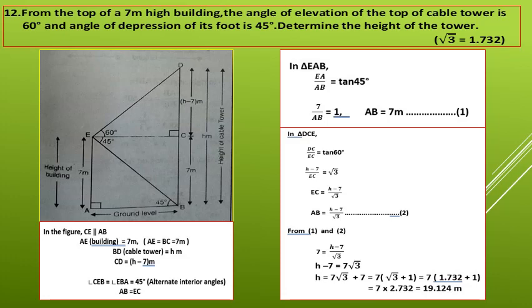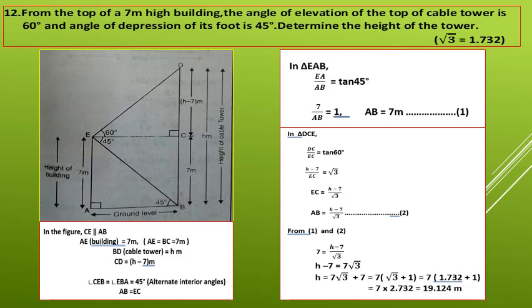From E, the angle of elevation of the top of the tower is 60 degree. That is, DEC is 60 degree. From E, the angle of depression of the foot of the tower B is 45 degree. Angle of depression, that is, angle CEB is 45 degree.